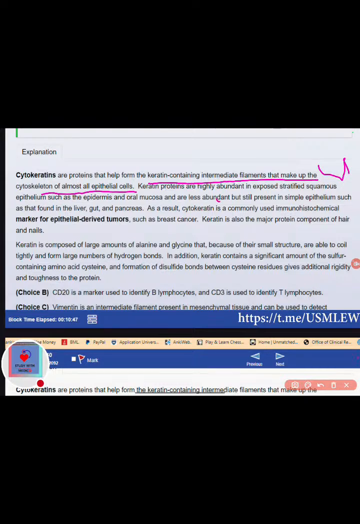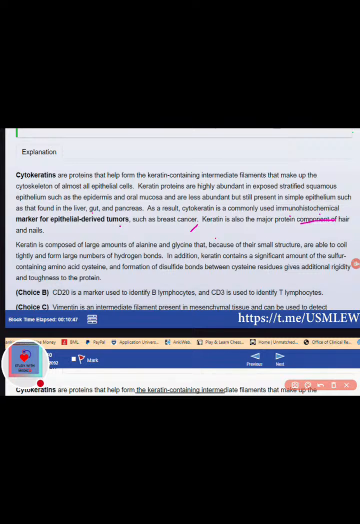Keratin proteins are highly abundant in exposed stratified squamous epithelium, such as epidermis or oral mucosa, and are less abundant but still present in simple epithelium such as liver, gut, and pancreas. Cytokeratin is a commonly used immunohistochemical marker for epithelial-derived tumors such as breast cancers. Keratin is also the major protein component of hair and nails.